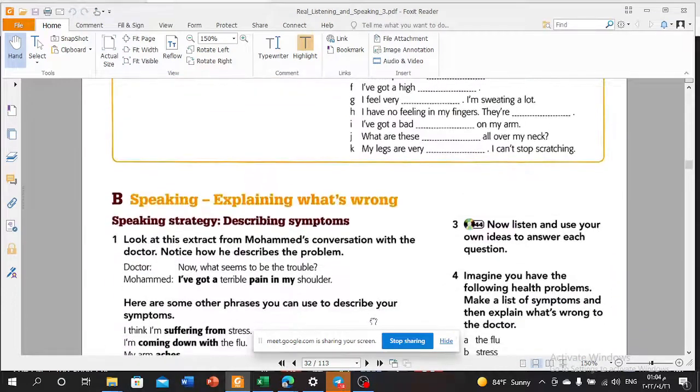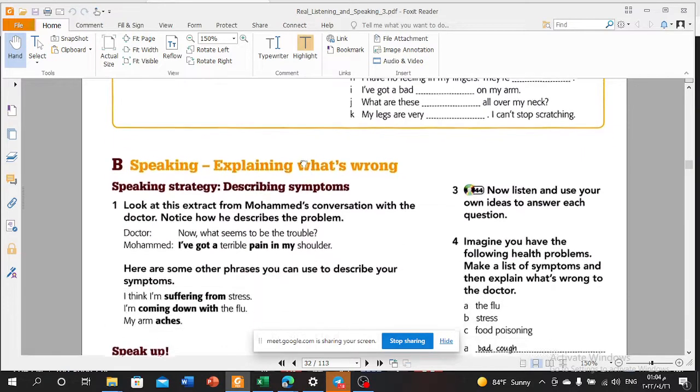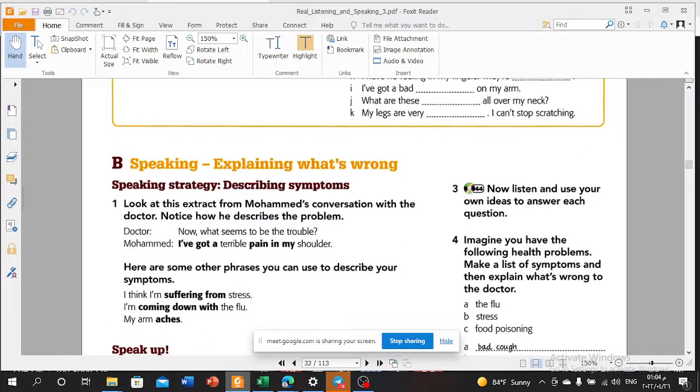So, as we said, this Focus On section is important, and here the speaking strategy is also important.